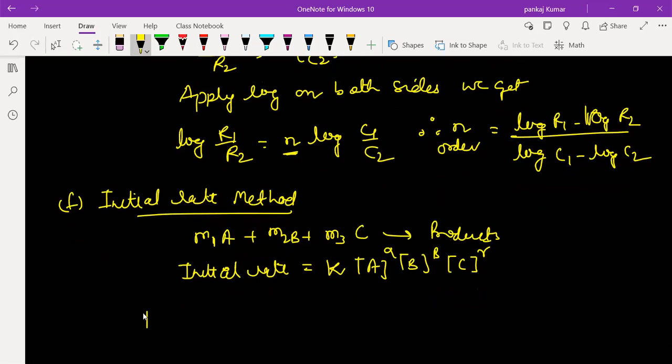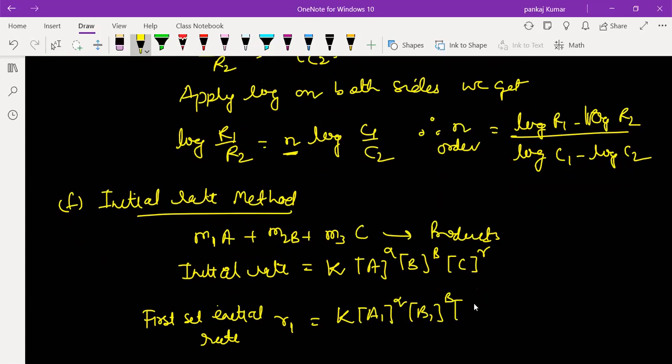For the first set of initial rates, we can put R1 equals K, A1 to the power alpha, B1 to the power beta, and C1 to the power gamma.